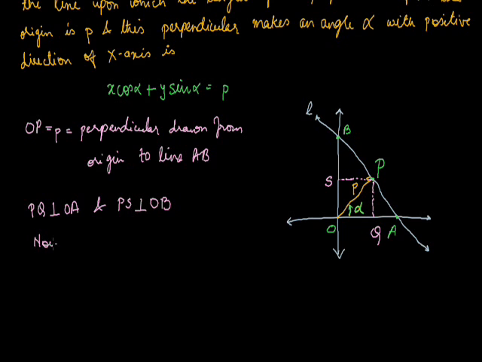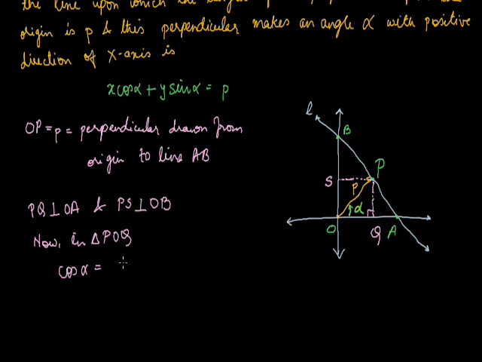Now in triangle POQ, that is this triangle POQ, I'll apply the trigonometric cosine rule, which says cos alpha is equal to base upon hypotenuse. My base over here is OQ and my hypotenuse in triangle OPQ is OP, since this angle is 90 degrees.